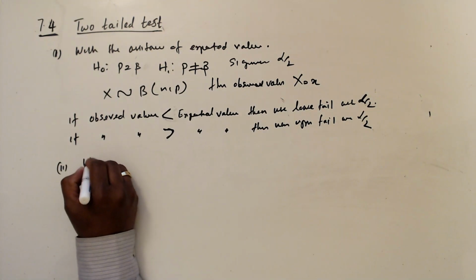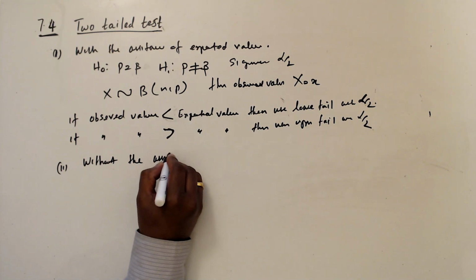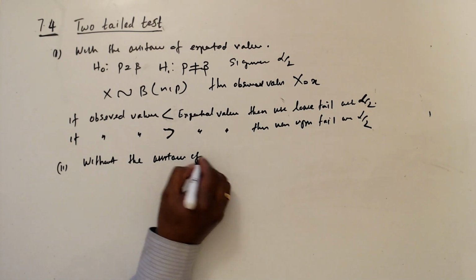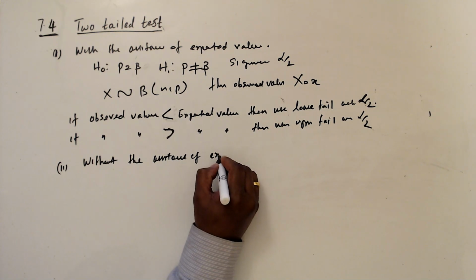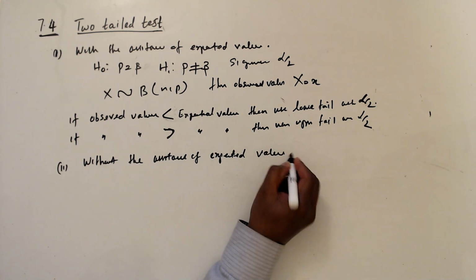The second method is without the assistance of expected value.